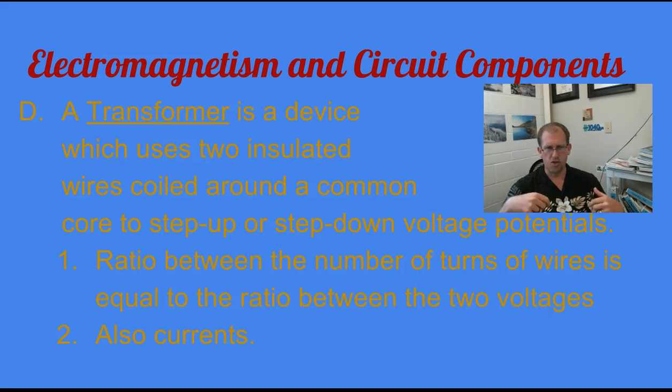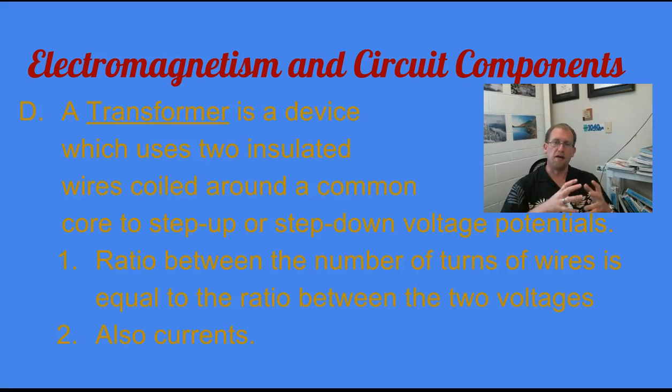So transformers jump up or jump down voltage potentials and current. We use them mostly in large commercial applications for saying this part of a factory needs more voltage. This part of a factory doesn't need as much, so there's a transformer in the power supply. Or in your own home, some appliances require 220 volts and some only require 110. So we'll put a transformer in the circuit, and that plug now has 220 volts of power.